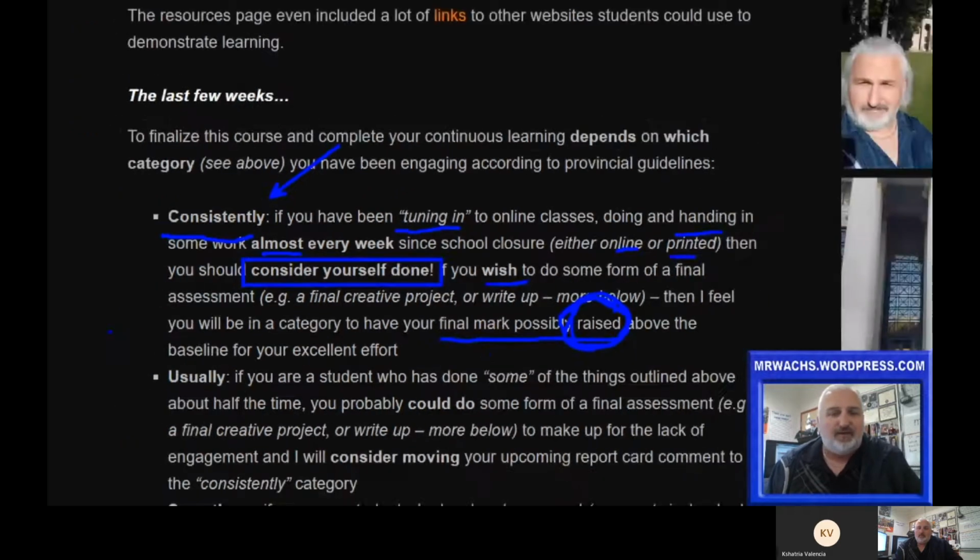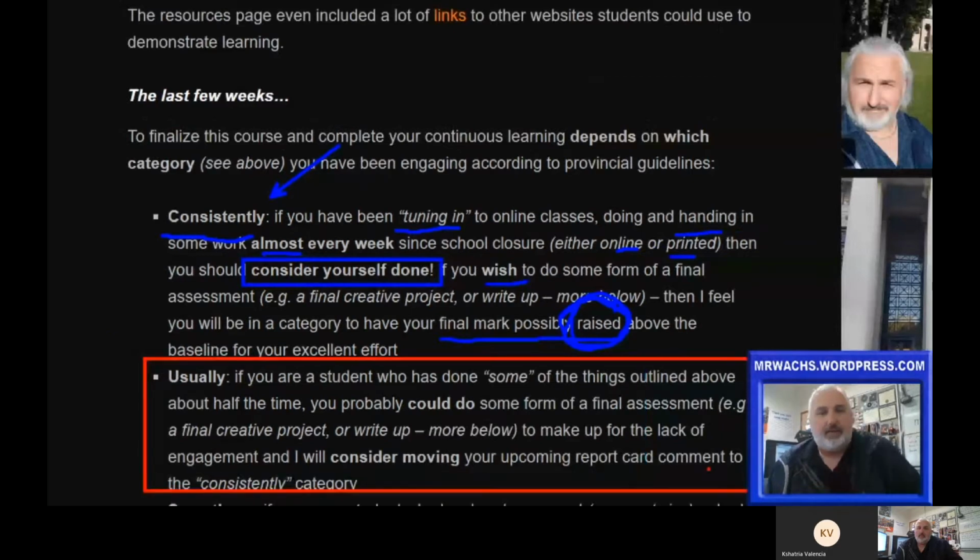Okay, what if you're in the usually category? You've done some of that stuff. Well, then what I say is you could do some sort of final assessment. Again, not required. Why would you want to do that? Well, if you do some sort of final assessment, then that is where I could move you up from usually on your report card comment to consistently.